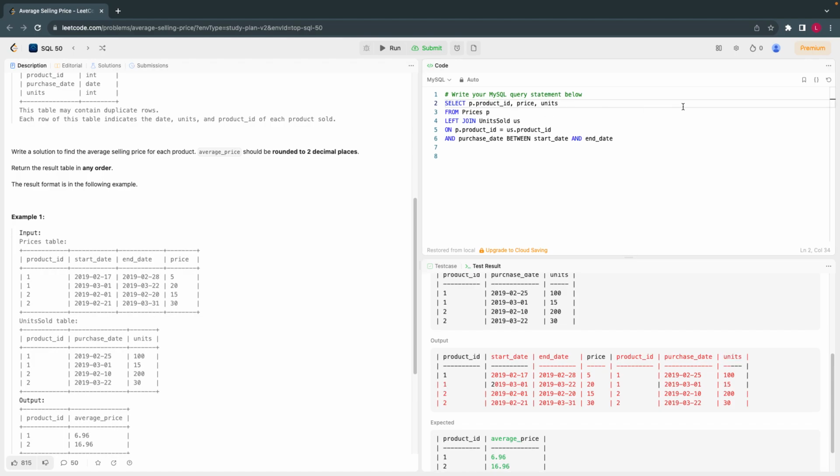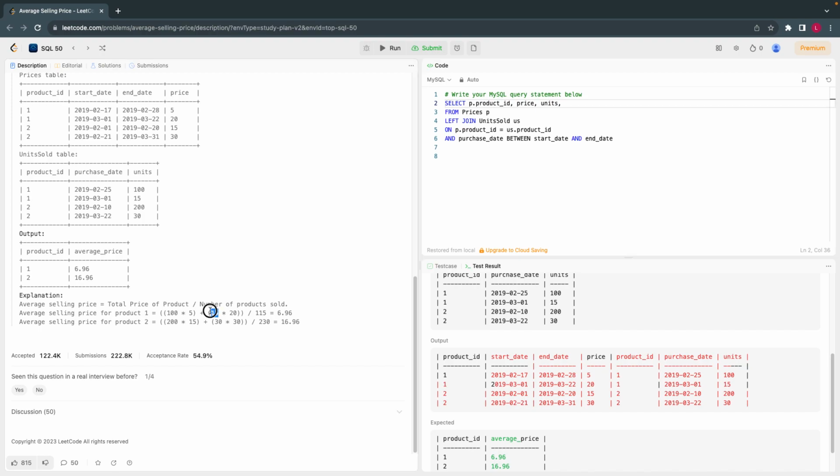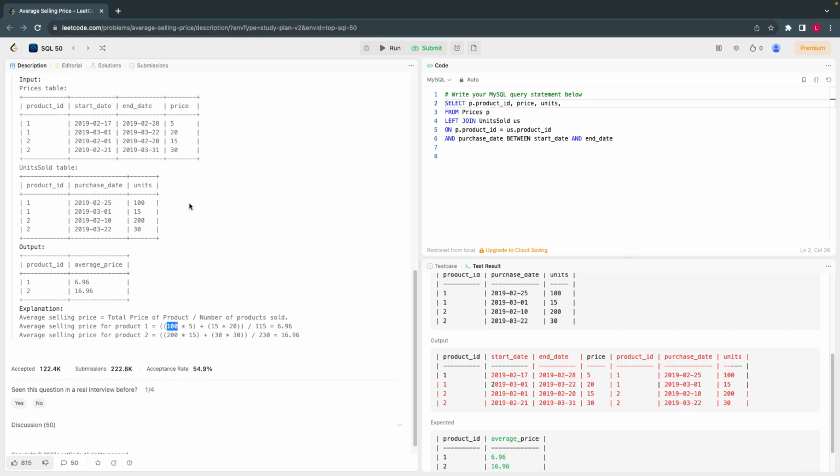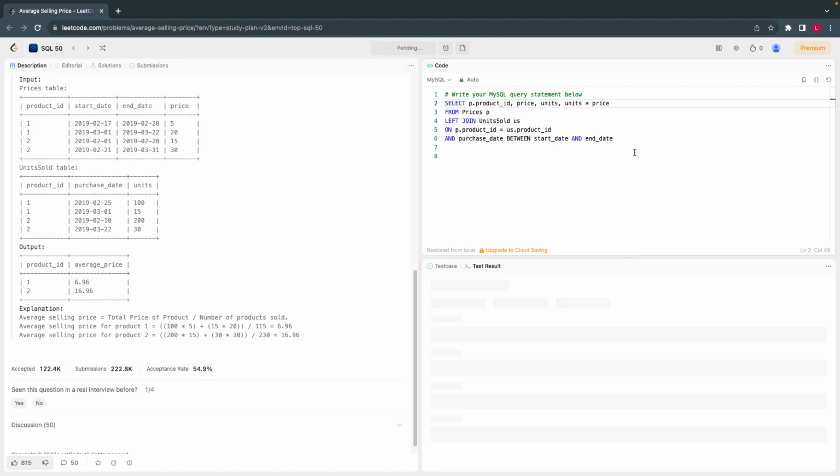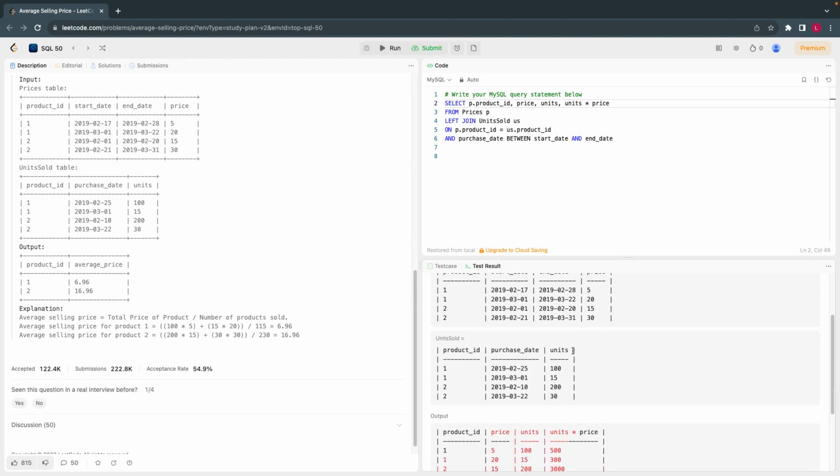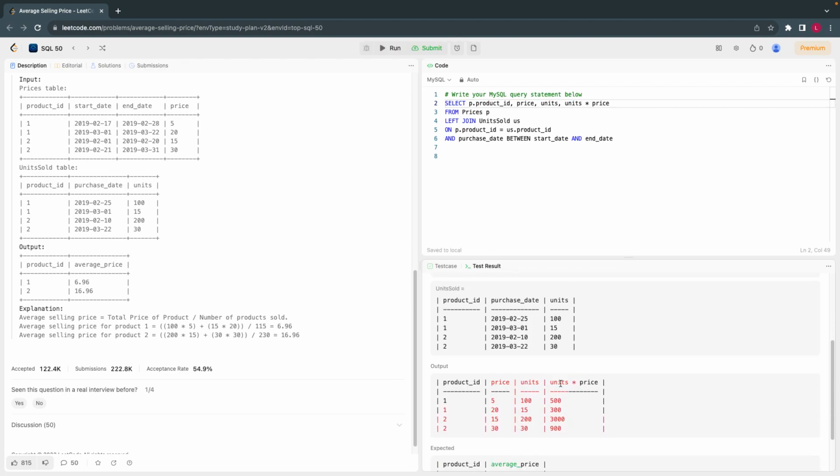Now what they're asking is, if you see this equation, units multiplied by price. Let's go by their equation, units multiplied by price. All right, let's run. Let's see what we get. All right, we are getting what we need.